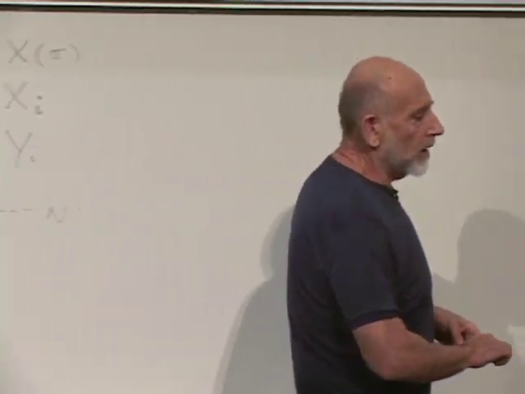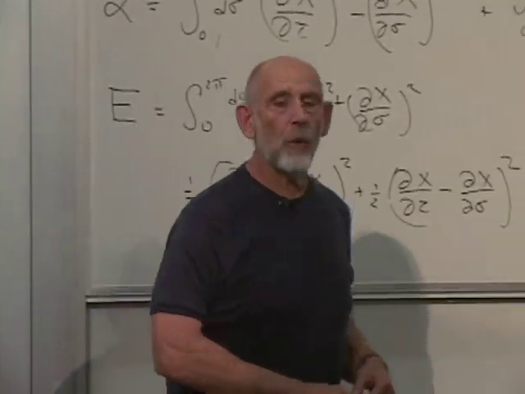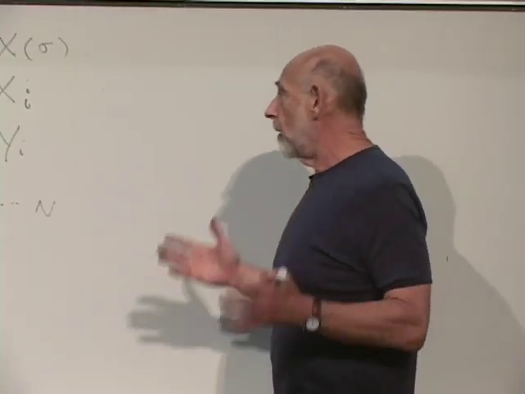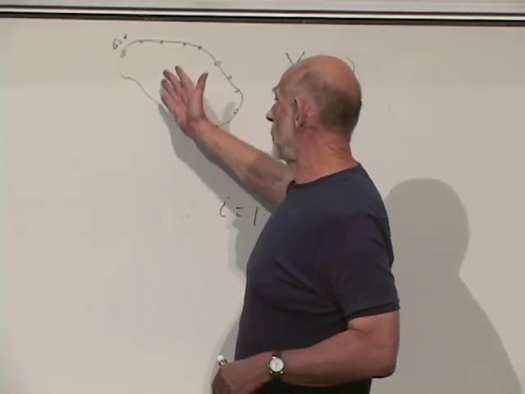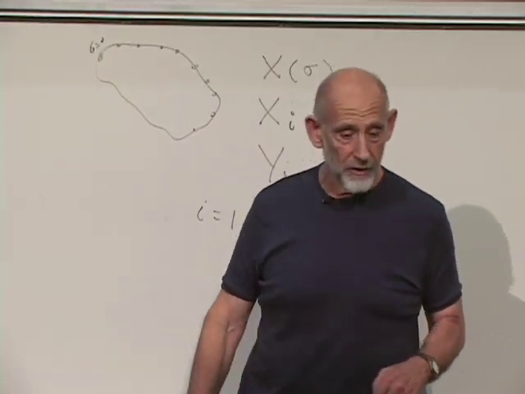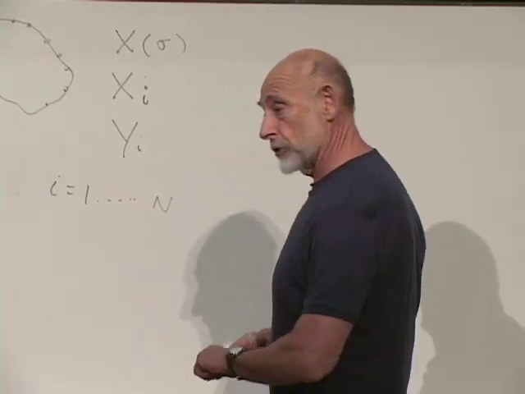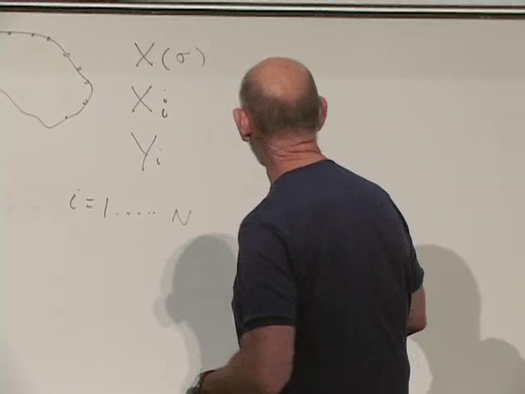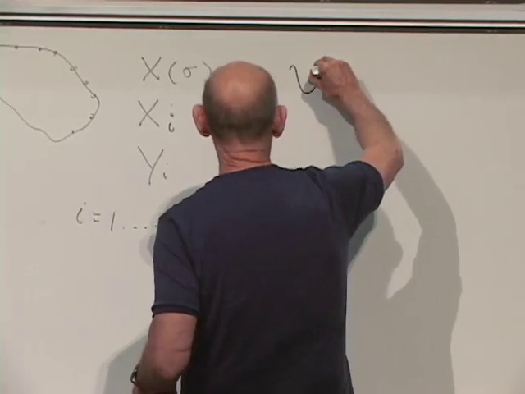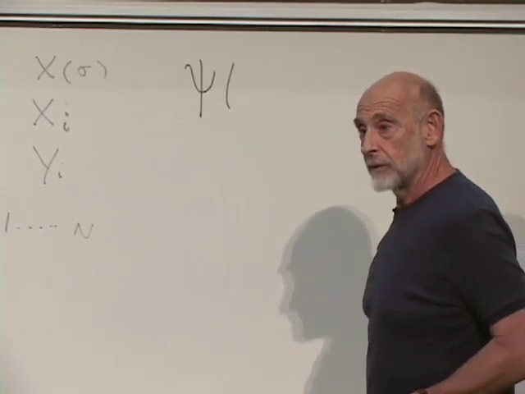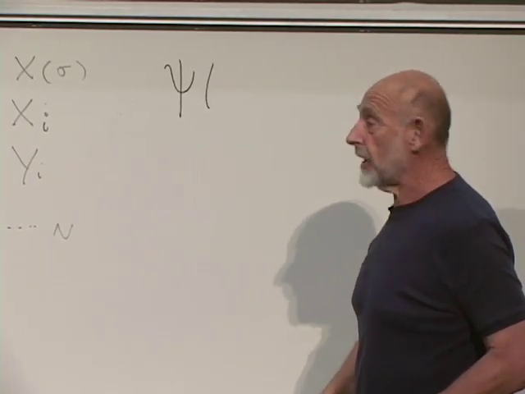All right, now, next, what is the quantum wave function of a string? Well, if we think of the string as just a collection of point particles, at least temporarily, then the wave function of a string, the quantum state vector of the system, what would it be a function of? The positions, x's and y's.